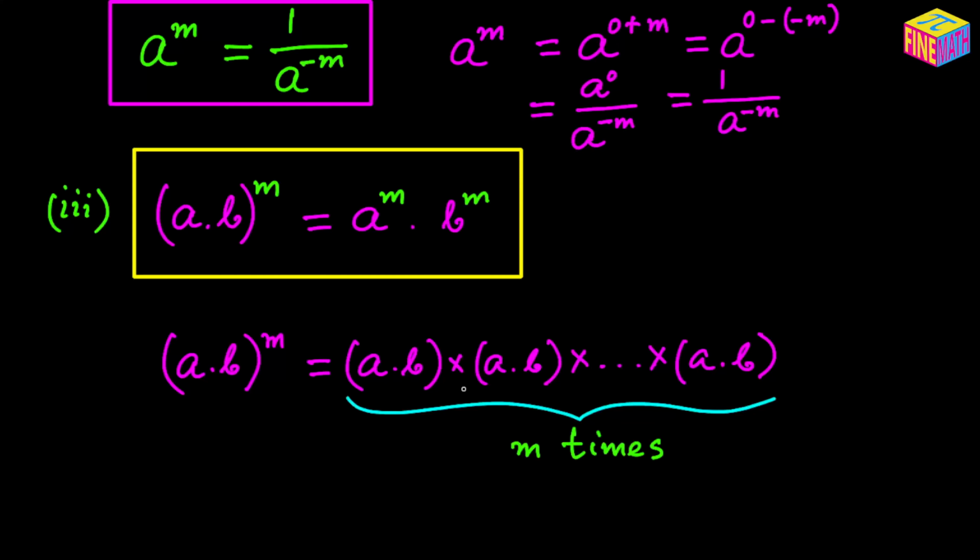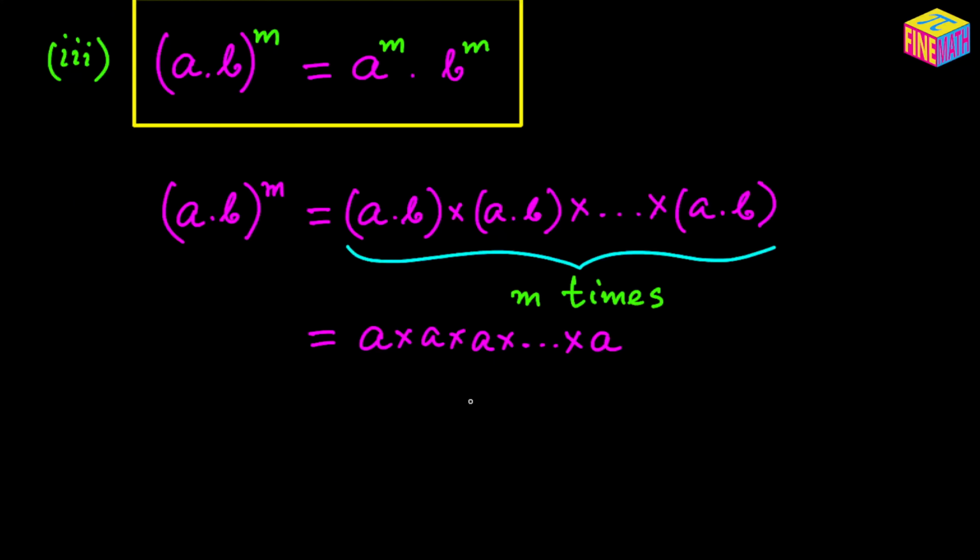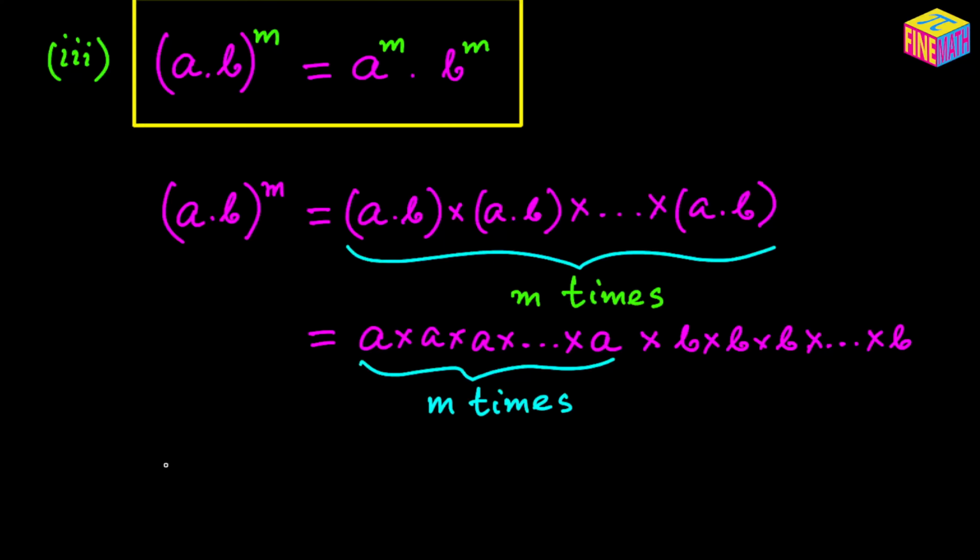So there would be m number of a's, and similarly there will be m number of b's also, right? So we are going to write it as a times a times a times all the way up to m times, because we are going to have so many factors here. So this will be m times, and then we cannot forget the b, so b times b times b times b, that is also m times.